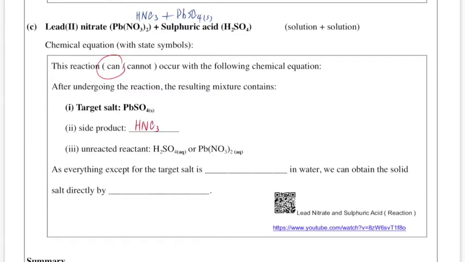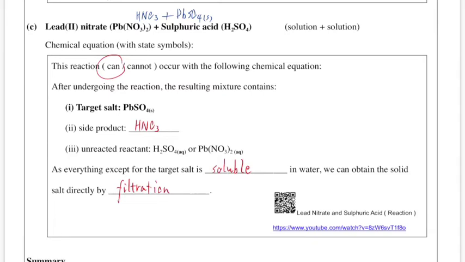And the unreacted reactant is sulfuric acid and lead-2 nitrate. As you can see, except for the target salt, lead-2 sulfate, everything else is soluble, in aqueous state. So we can obtain the solid salt directly by filtration.